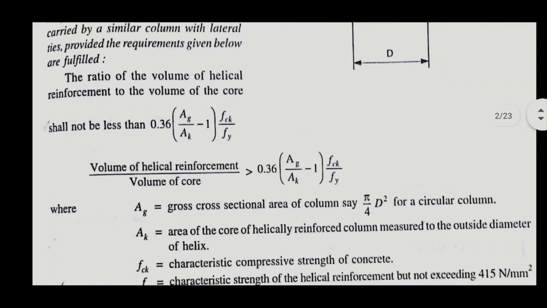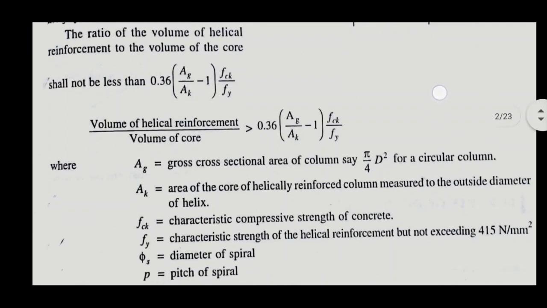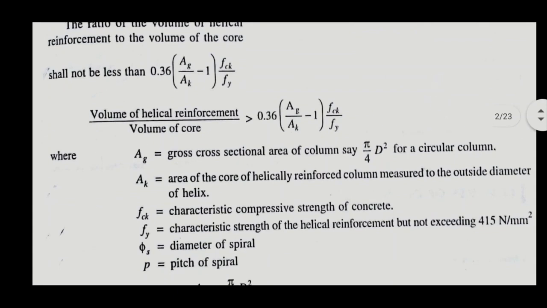Now Ag is the cross sectional area of the column, so it will be pi by 4 into capital D square, that is whole diameter square for a circular column. Ak or Ac, whatever you want you can write, is the area of the core of the helically reinforced column measured to the outside diameter of the helix.